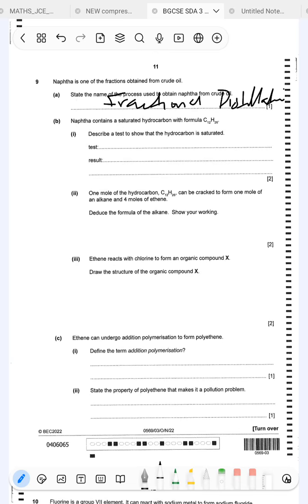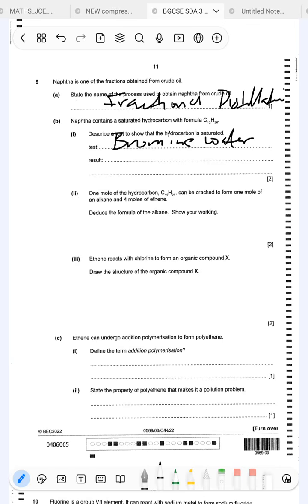Okay. B says naphtha contains a saturated hydrocarbon with the formula C12H26. Describe a test to show that the hydrocarbon is saturated. How do we test for saturation? Now remember, we use bromine water, and then what are the results?